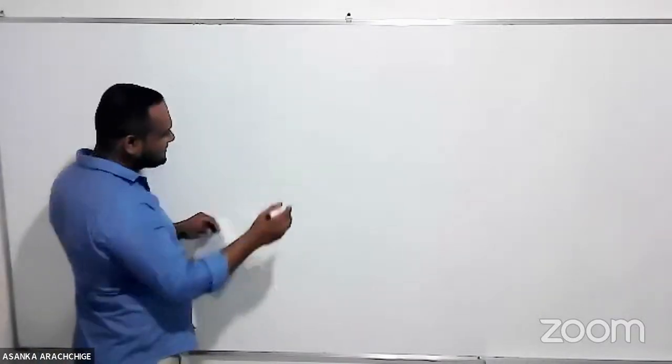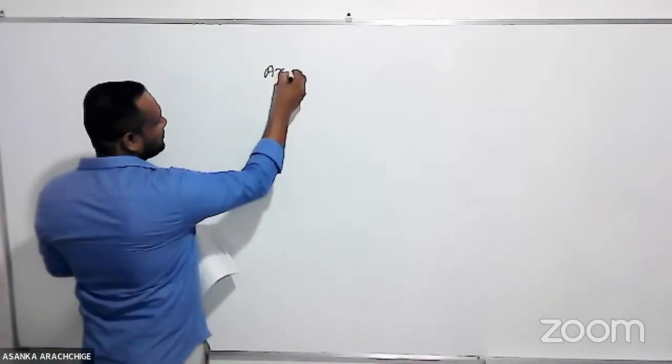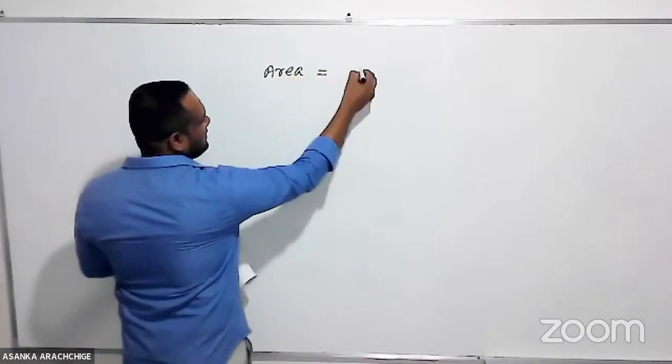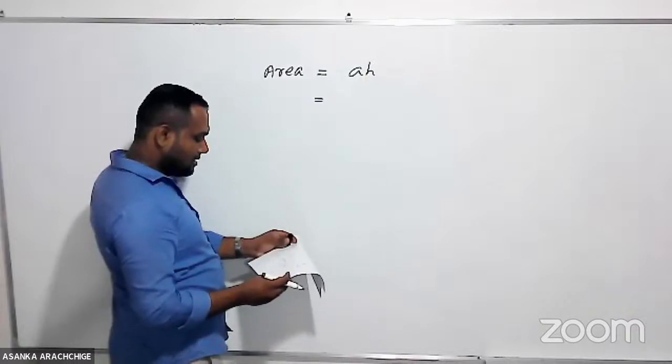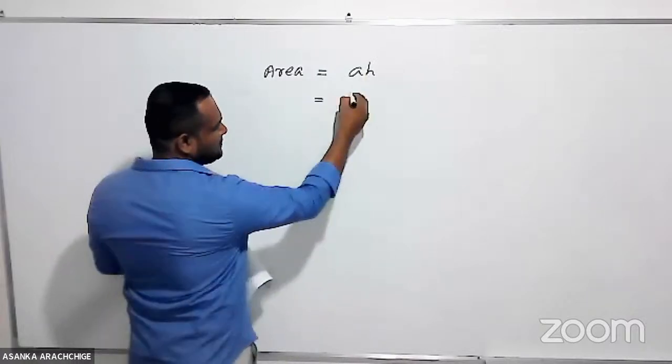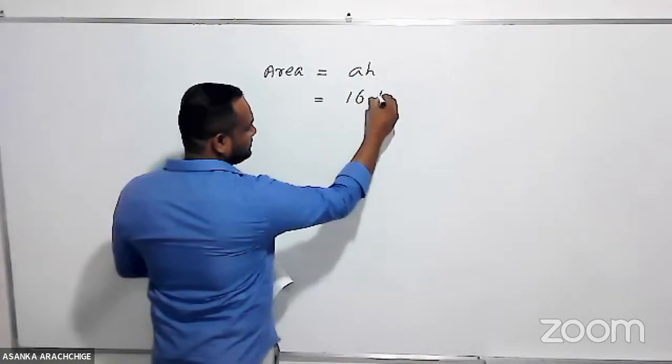Area equals A into H. Area equals AH. Here, what is A again? 16.5 centimeters.